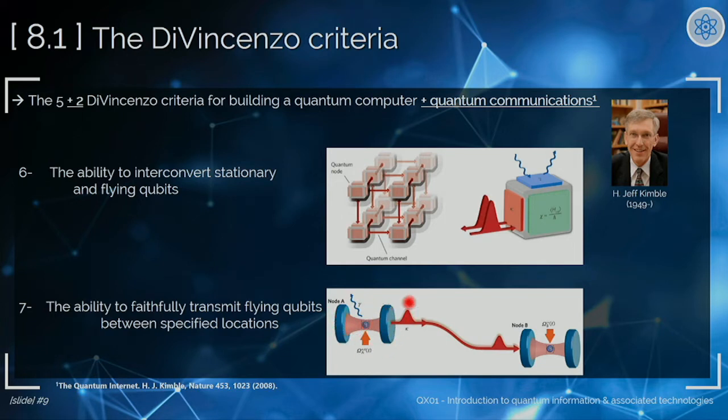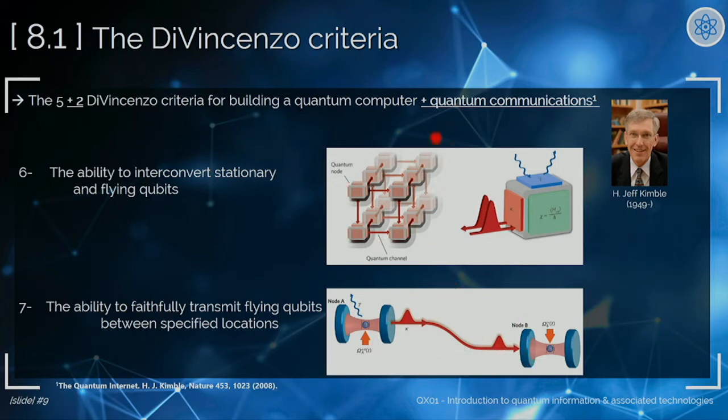So this system here, cavity plus atom, is basically a quantum node. And you could link these two cavities through optical fibers and through the so-called flying qubit, which in this case would be photons. Photons are good. It's the best carrier of quantum information, of qubits, that you can think of. So this would be two nodes and the quantum channel in between.